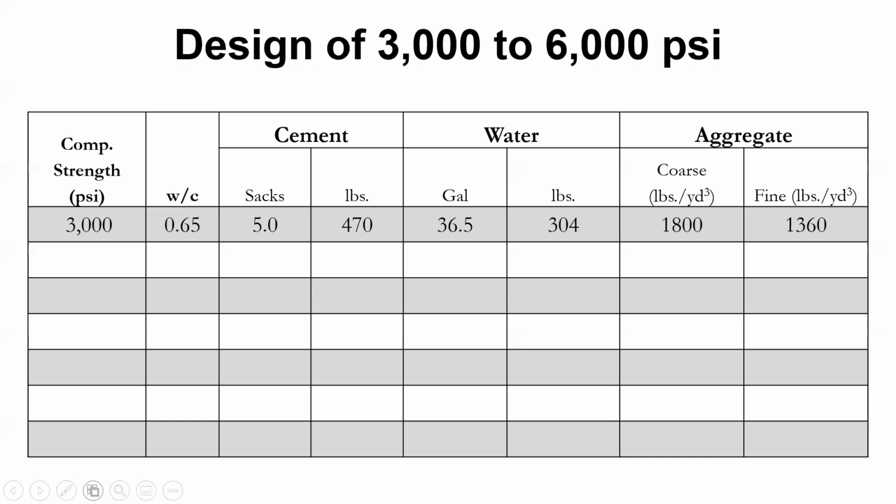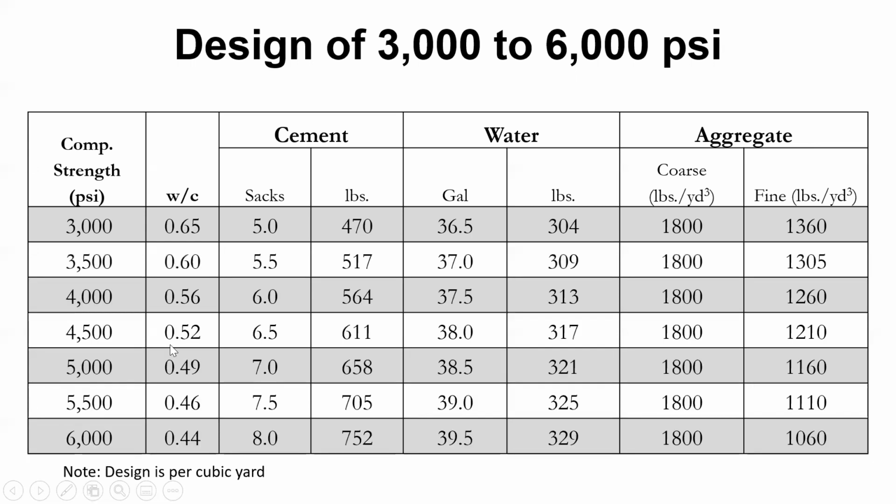Sacks of cement, I think we've talked about in the past, but there's 94 pounds in one sack of cement. So if you take 470 divided by 94, you're going to get 5 sacks. So back in the day, that's how people designed all their mixes. They'd start out with, like I say, a 5-sack mix, and then they would go up from there.